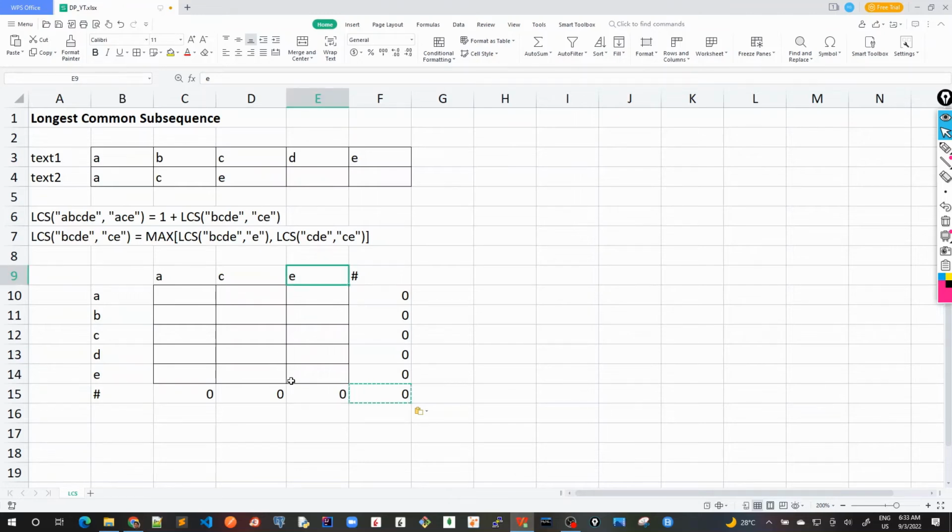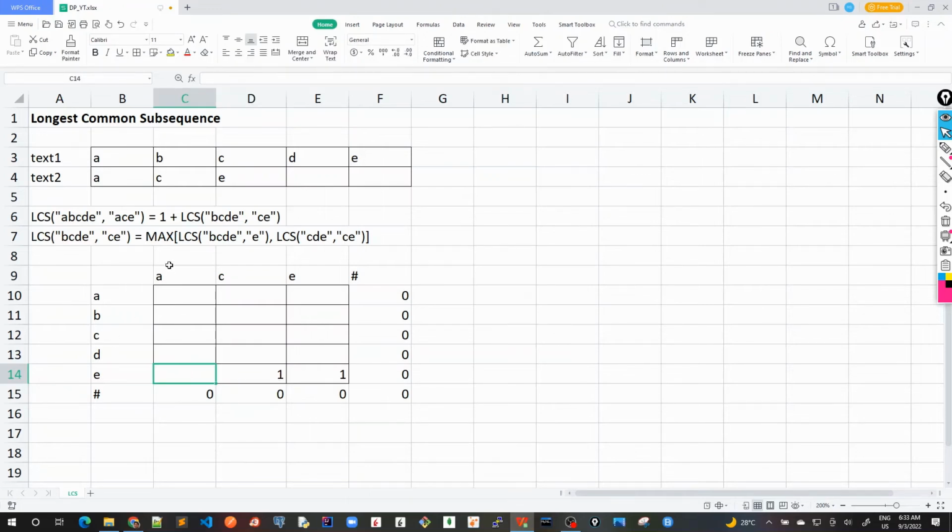E and E first, they are matching, right? So it would be 1 plus whatever is diagonal to it, which is 0. So it's 1 plus 0, which is 1. Now for E and C, they don't match. So it would be the maximum of 1 and 0, the one next to it horizontally and the one below it. So the maximum is 1.